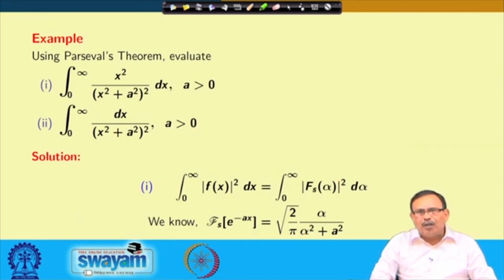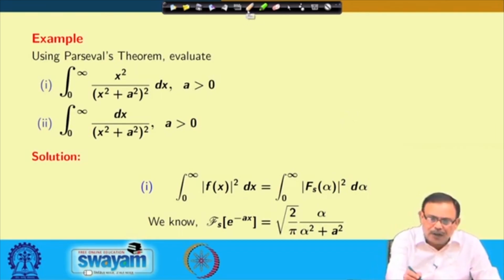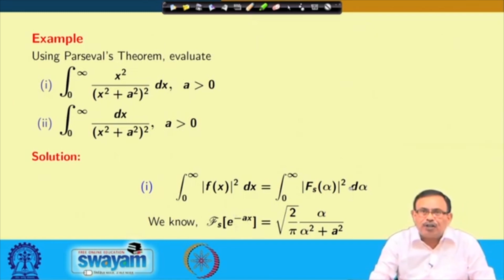So, the observation I have to keep in mind, and I have to remember the transforms of which type of functions. Here f x is e power minus a x, and the Fourier sine transform of alpha is nothing but root over 2 by pi alpha by alpha square plus a square.